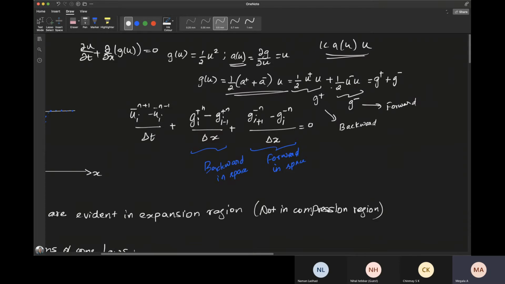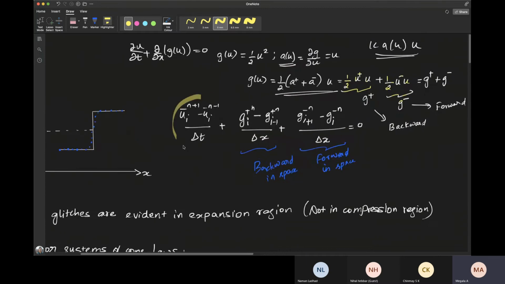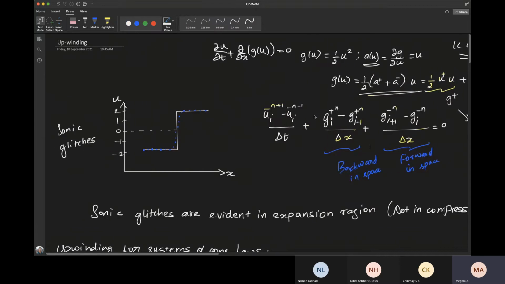So g of u will be half A plus into u plus half A minus into u. This will be G plus and this will be G minus. We do backward differencing for this and forward differencing for this. That way we obtain this finite volume update formula. Here we have backward differencing and here we have forward differencing. This is something that we have seen previously.